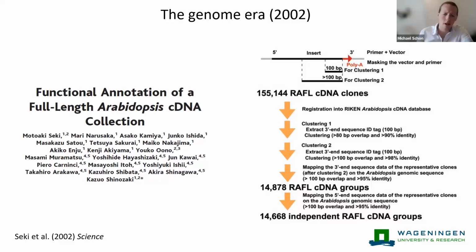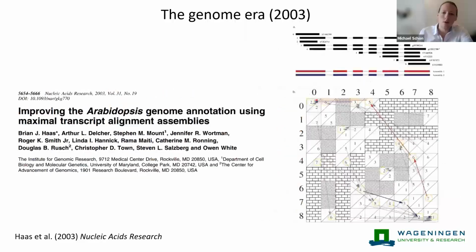And with the advent of these large cDNA libraries came the need to develop algorithms that compressed this information and summarized it in a way that was useful and representative of the transcript isoforms. So this is one of the first what would be called transcript assembly algorithms.